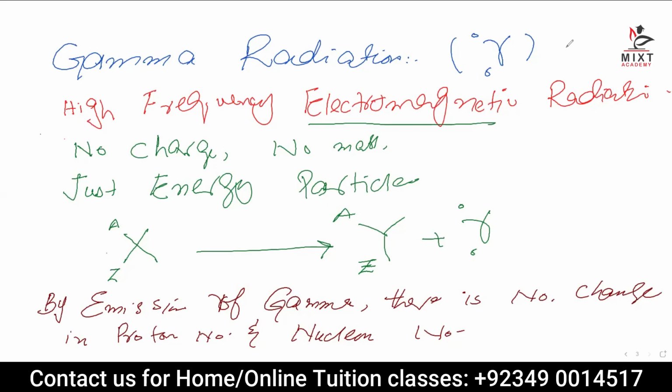Gamma is an energy particle; some mass is converted to energy that is emitted in the form of gamma radiation when there is a decay of a nucleus. By the emission of alpha or beta, we get gamma radiation.